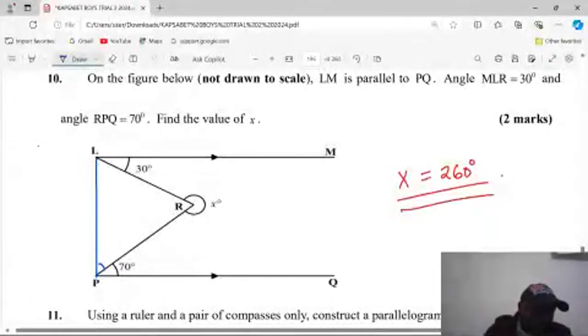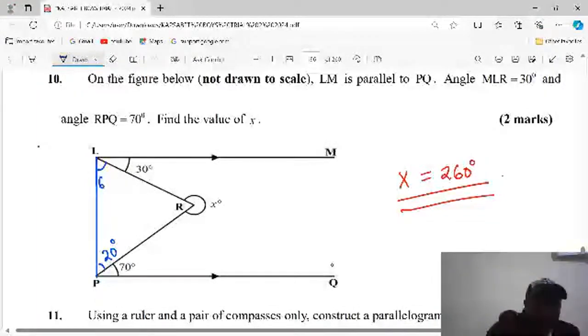And so this is going to be 20 degrees. This one being 30, the other angle 60. So we are having a 60 and 20 degrees, giving us 80. So the remaining angle at this point is going to be automatically 100 degrees.